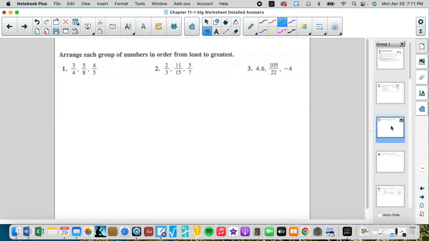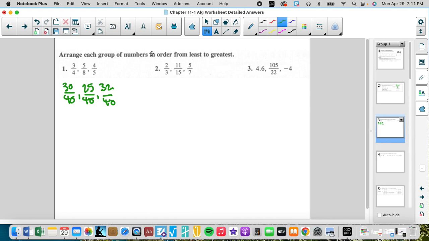Arrange each group of numbers in order from least to greatest. So we look at 3/4, 5/8, and 4/5. Let's find a common denominator. 40 is a common denominator, might even be the least common. So 3/4: 4 times 10 is 40, so 3 times 10 is 30. 5/8: 8 times 5 is 40, 5 times 5 is 25. 4/5: 5 times 8 is 40, 8 times 4 is 32.